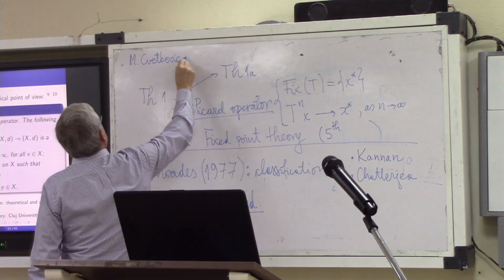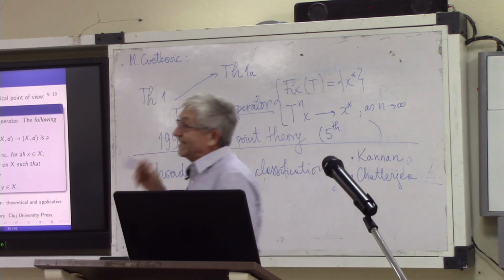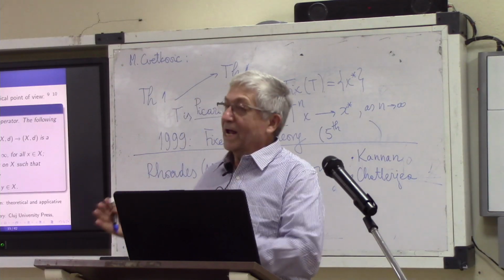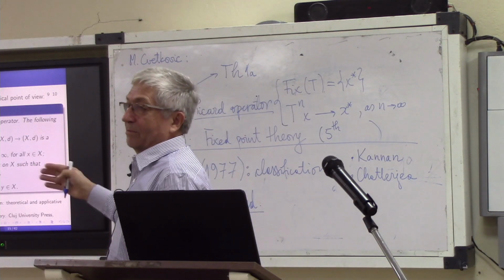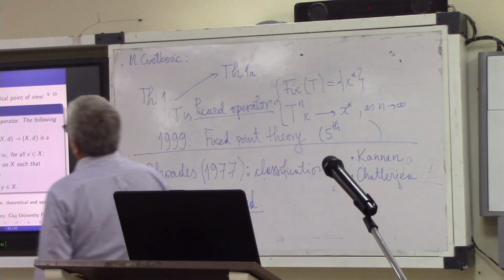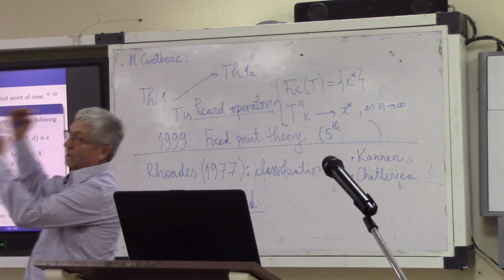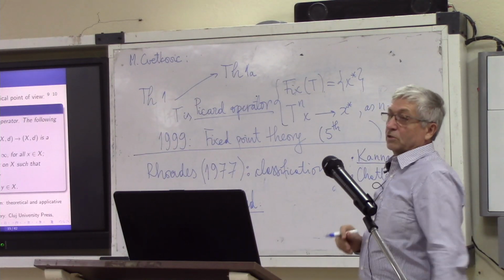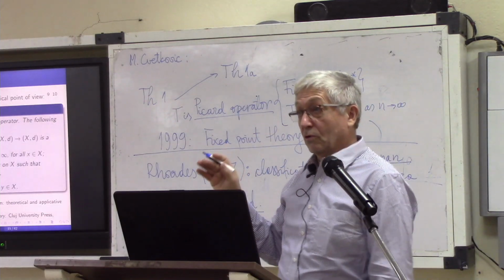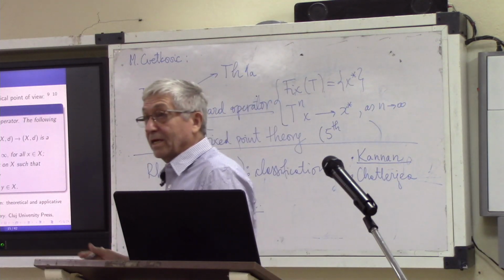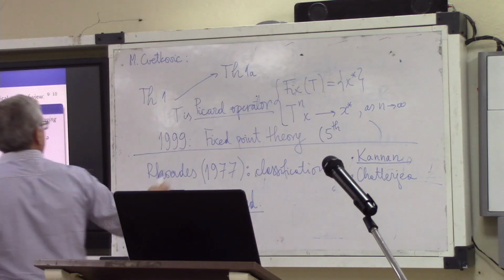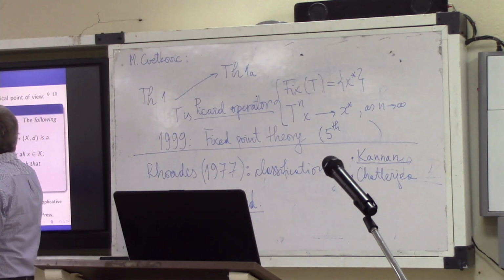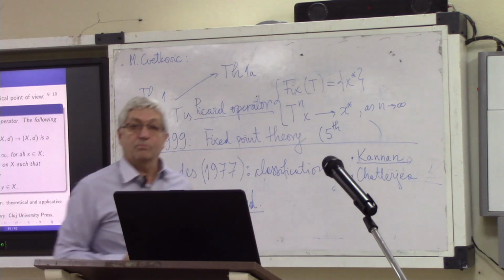She is working in fixed point theory, and she is interested in constructing such equivalent metrics. So we have a Picard operator, and she did this for Kannan. She obtained a metric, and under this metric, the Kannan theorem is equivalent to the Banach fixed point theorem.